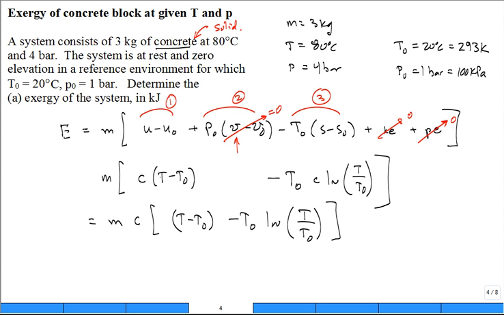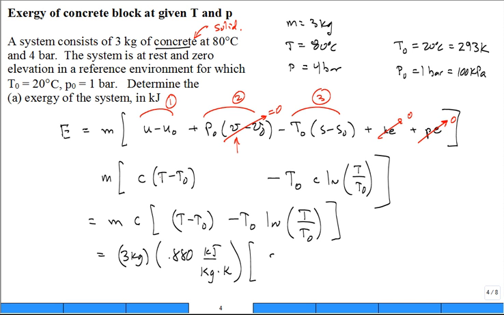And so for concrete, we had 3 kilograms. What was the specific heat you found for concrete in that table? 0.880. What are the units on that? Kilojoules per kilogram Kelvin. All right. Now we have T minus T naught.